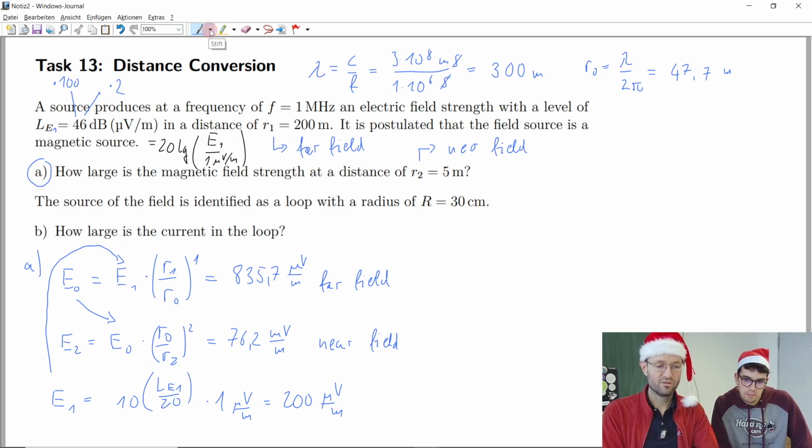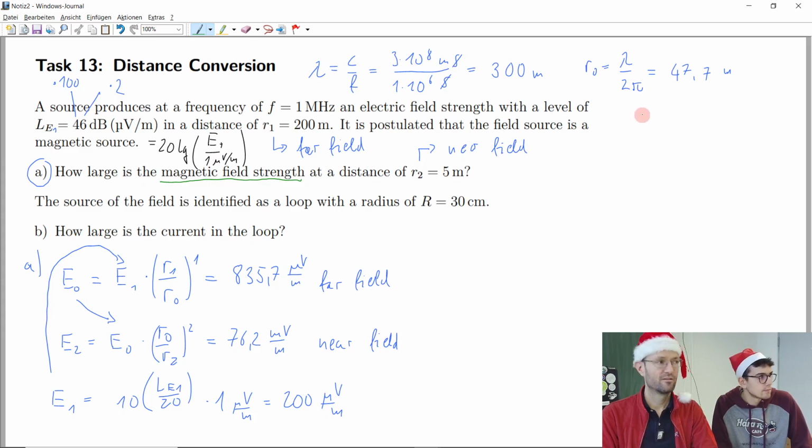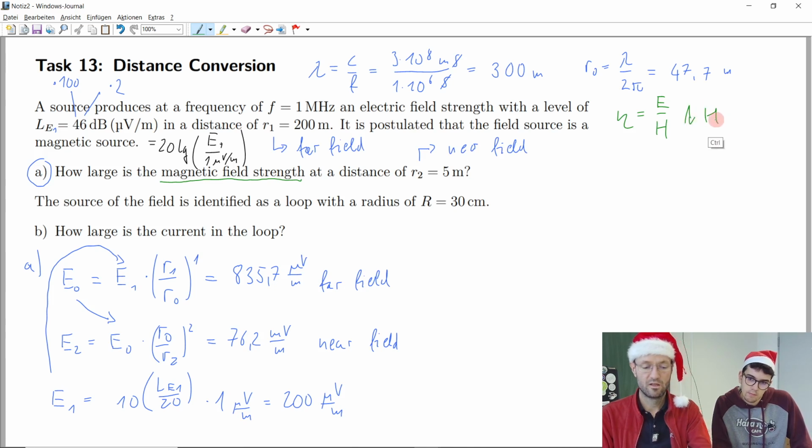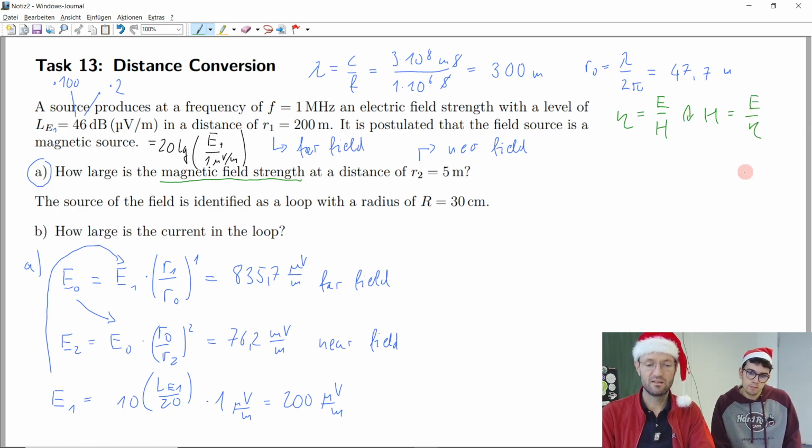So how do we do this conversion from electric field strength into magnetic field strength? With eta, because we said eta is the ratio between the electric field strength and the magnetic field strength. So if we know eta, we can calculate the magnetic field strength, because it will just be E divided by this eta.